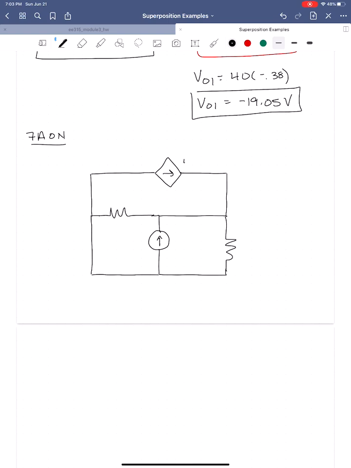This is for Ix2. This is the 10 ohm resistor, this is the 7 amp source, and the 40 ohm resistor. And Vo2, the second part of the voltage Vo, that's a function of the 7 amp source.